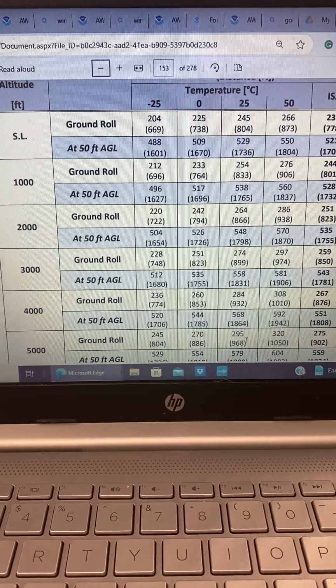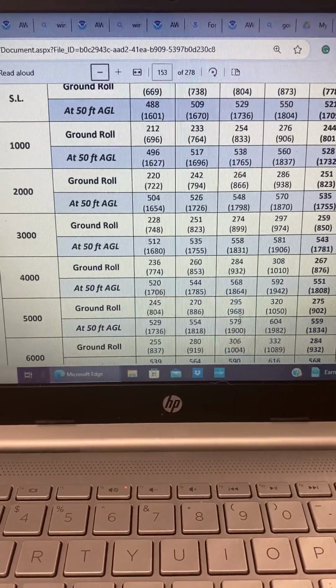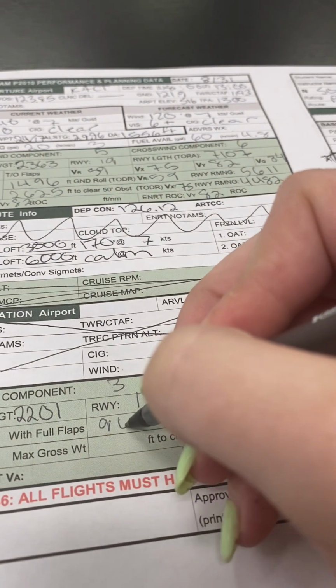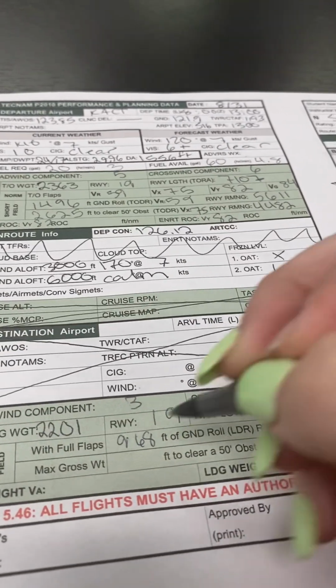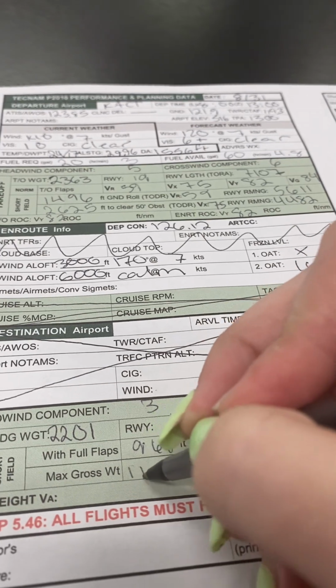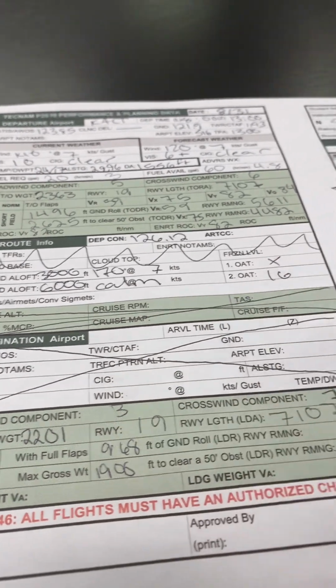So it looks like our landing roll is going to be 968 without the 50-foot obstacle. So we're going to put that right here. And our distance to clear the 50-foot obstacle was 1,900 feet. We're going to do some subtraction real quick.